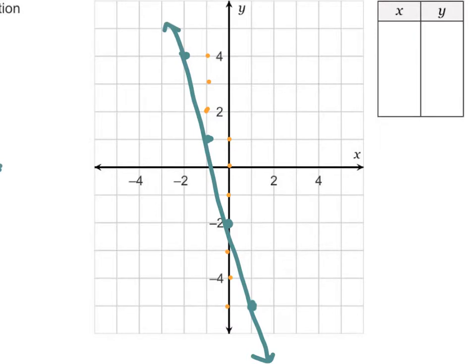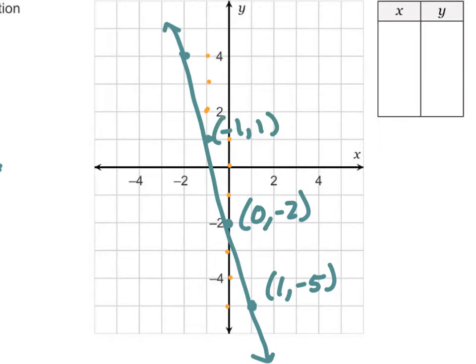And then a few other things that we would like to do is plot some points that are actually on this graph. This is the point 1, negative 5. This is the point 0, negative 2. This is the point negative 1, 1. And this is the point negative 2, 4. Okay?